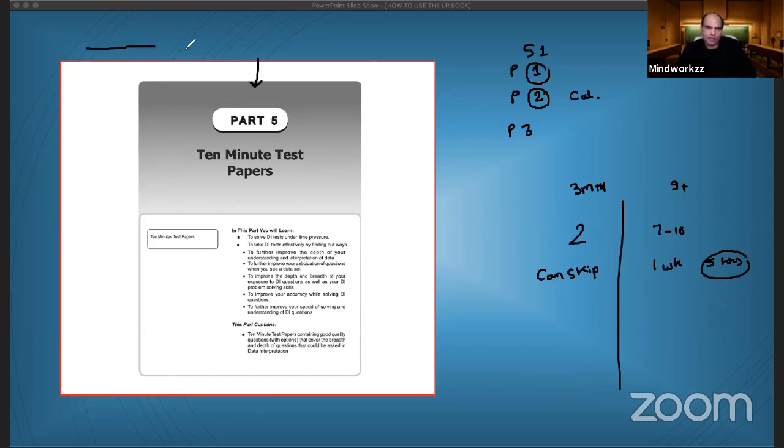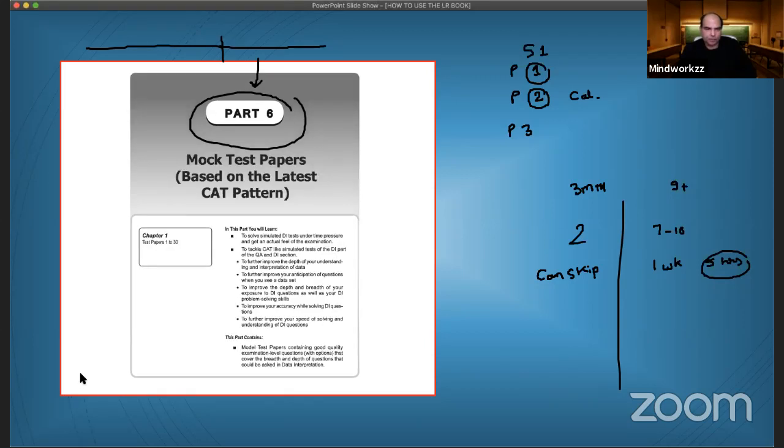When I said 200 sets of traditional DI, you'll get most of it here and in the next section.